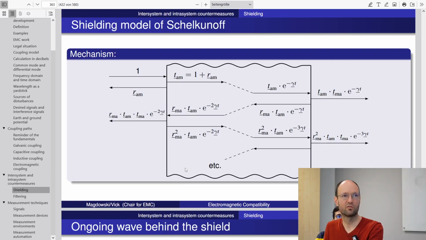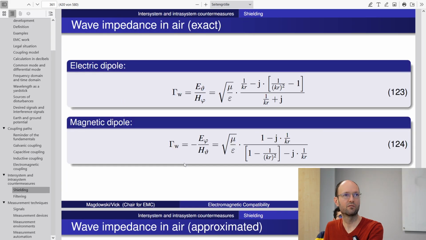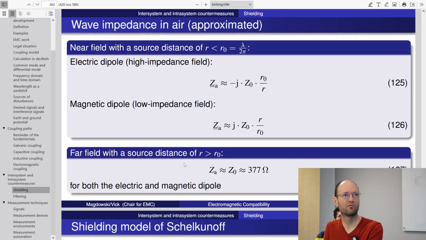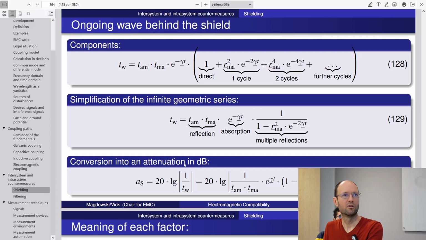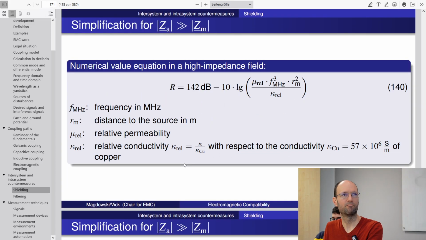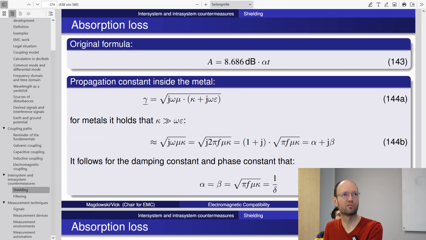But this was also somewhere given on our slides. I'm not sure about the right direction, probably somewhere forward, when we discussed the absorption loss here. So this is gamma.